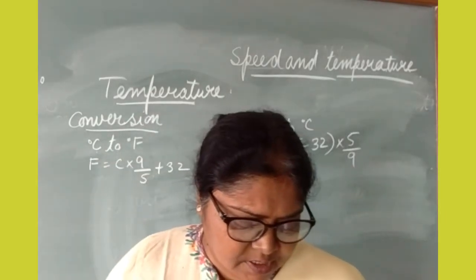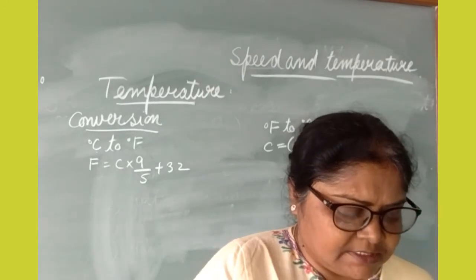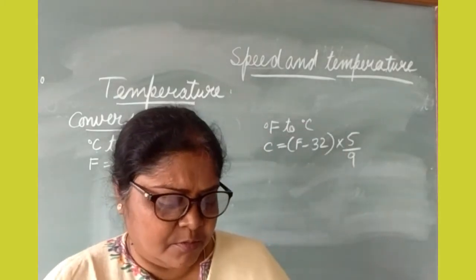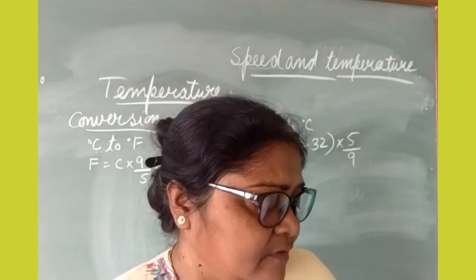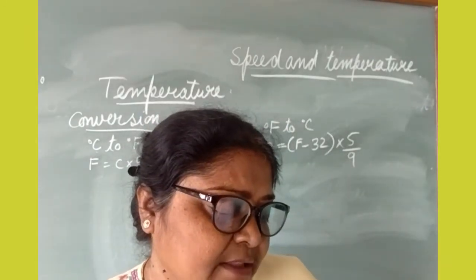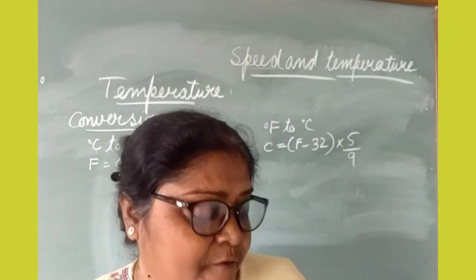Okay, so here I will tell you something about the scales. We observe that the boiling point of water is 212 in Fahrenheit and 100 degrees in centigrade. Hot bath: Fahrenheit 104, centigrade 40.